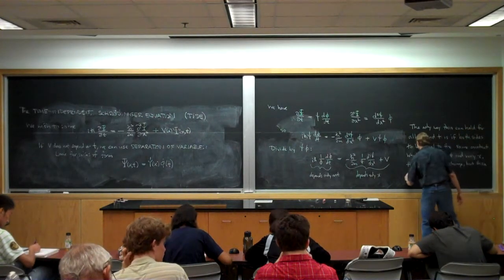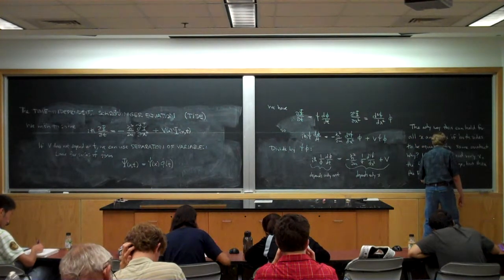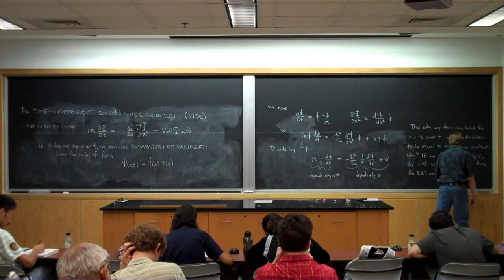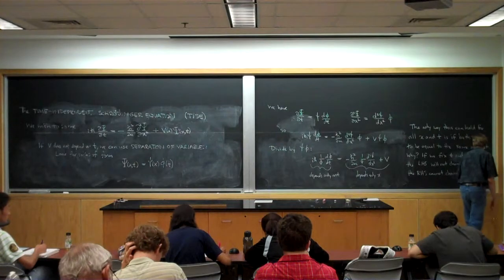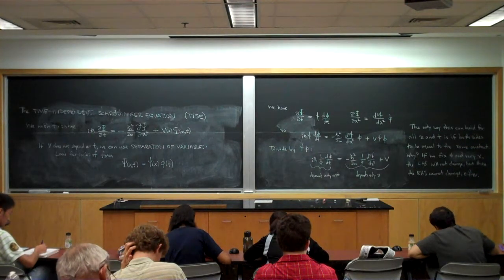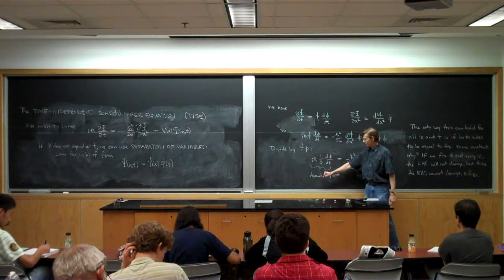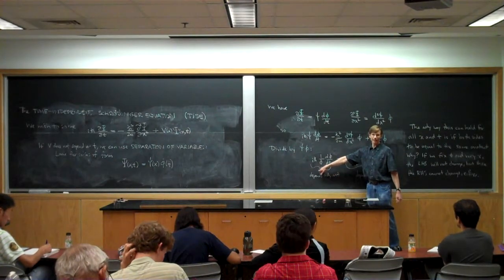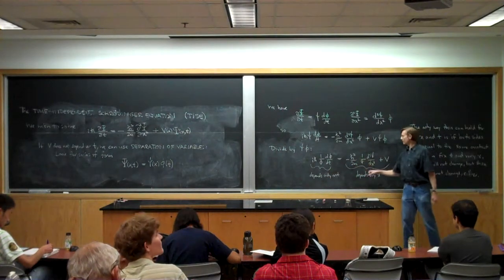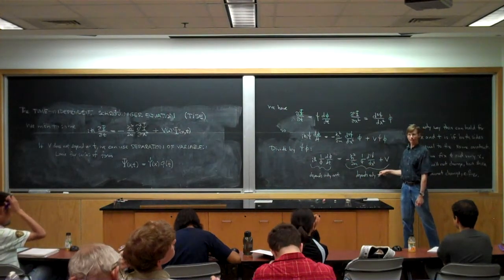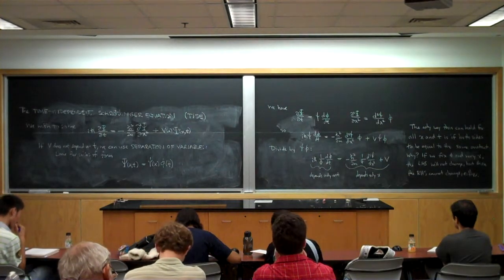But then the RHS cannot change either. If I hold t fixed and I vary x, by first principles, the left-hand side can't change because it doesn't depend on x. But since they're equal to each other, that means the right-hand side can't change either. So the right-hand side also doesn't depend on x.